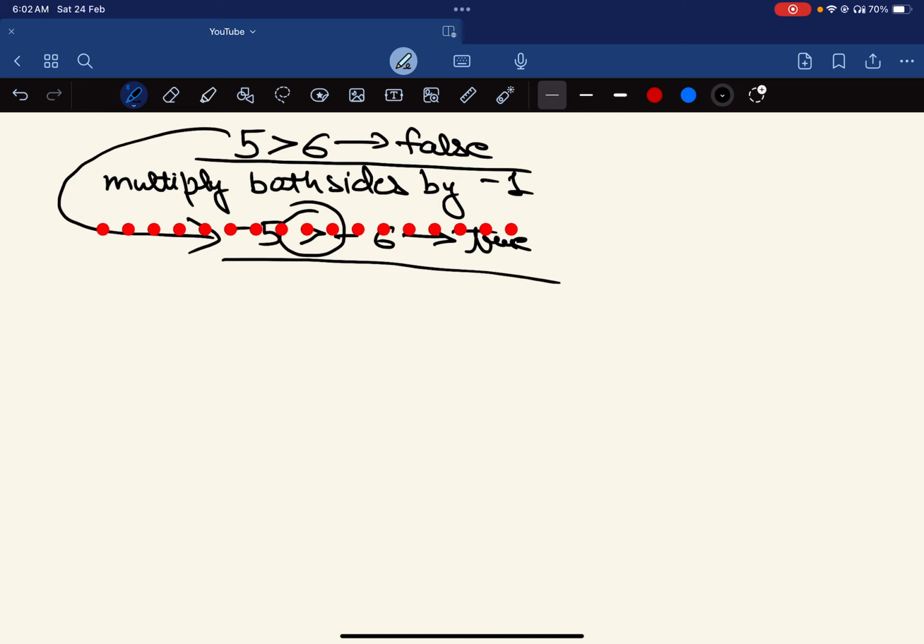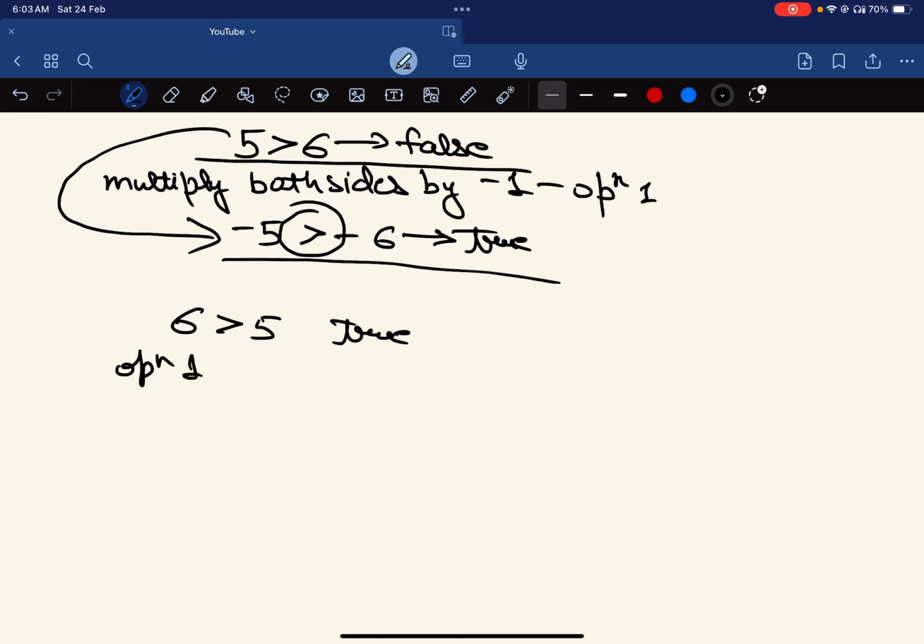Let's say 6 is greater than 5. It is true. Now, again, we do this operation. Let's say this operation name is 1. We do operation 1, and our answer would be this. This is also true. -5 is greater than -6.